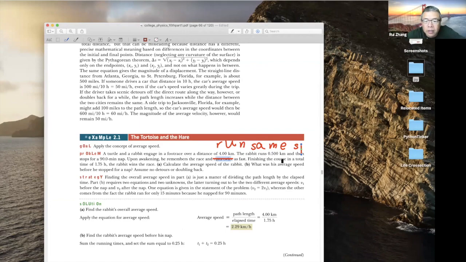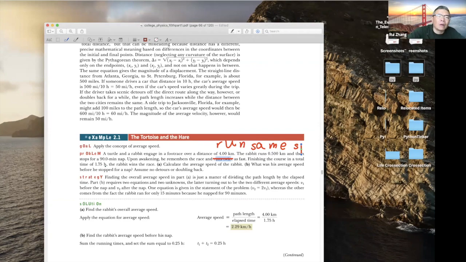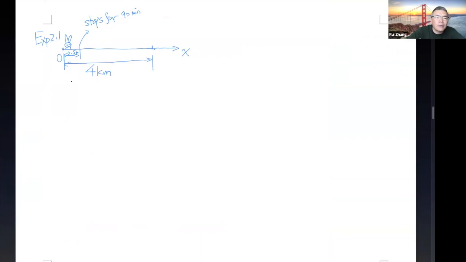Another thing is he finished the whole thing in 1.75 hours, so total time is 1.75 hours. Let's call the two speeds V1 and V2 for the first part and second part. The problem in our version is that V1 equals V2. So these are all the information given.